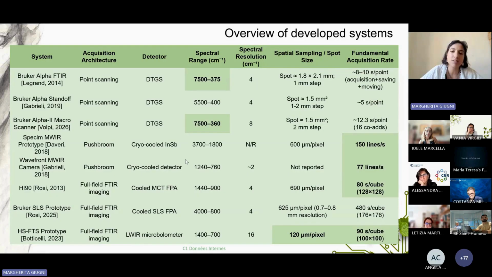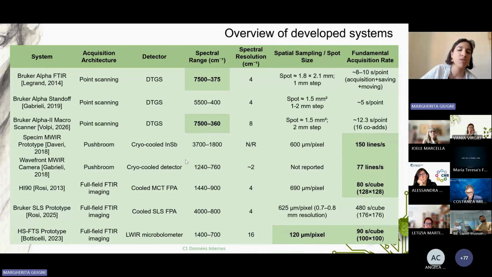Point scanning systems excel at providing high quality spectra in a broad spectral range at the expense of a slower acquisition time that is actually very time consuming if we have to acquire a cube on a large painting. Push broom systems are much faster and can cover large paintings, but the spectral range is usually a little bit narrower, so we're not that sensitive to certain features.